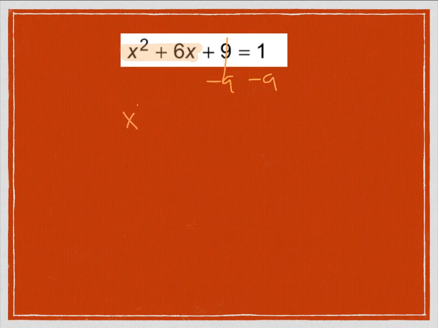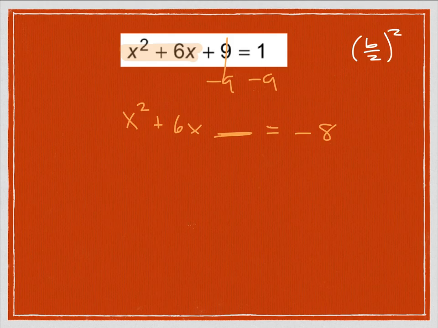So we have x squared plus 6x is equal to, what is 1 minus 9? -8. So now we want to put something in here that completes the square. So we use our little formula, b over 2 squared. So what's our b?